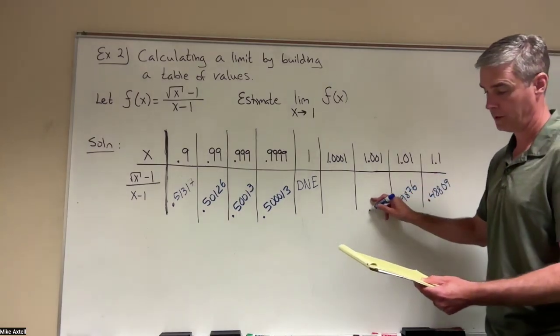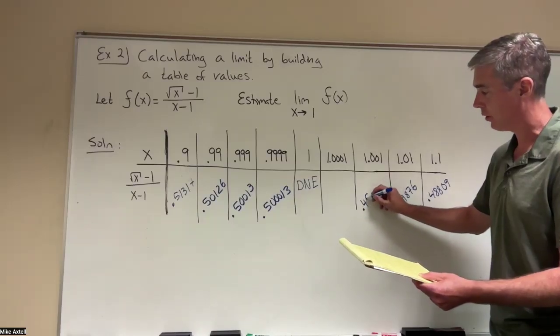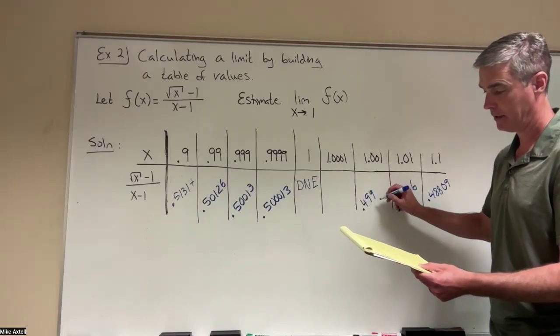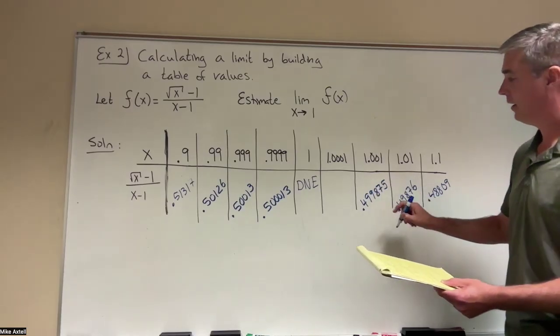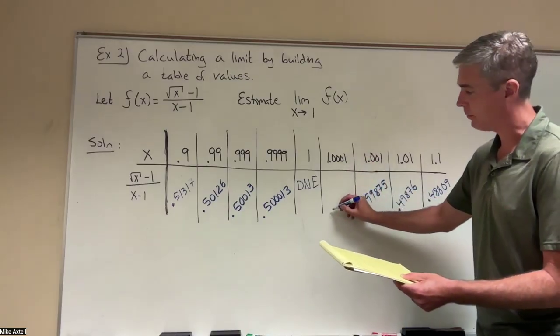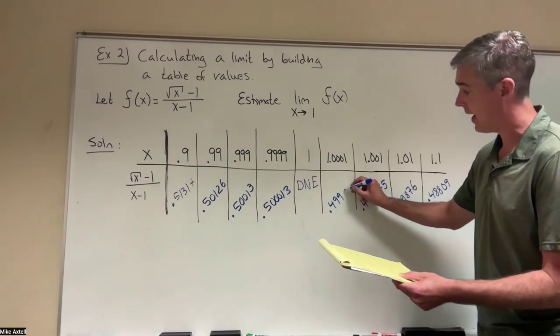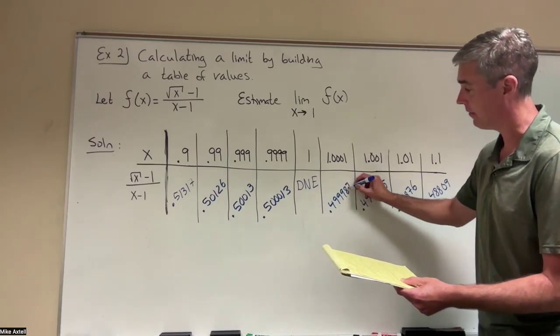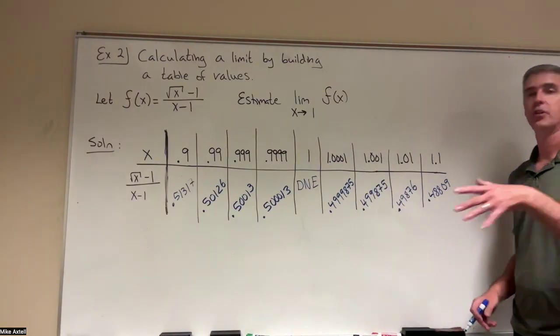When I plugged in 1.001, I got 0.49985. And when I plugged in 1.0001, I got 0.4999875. You can check me if you like.